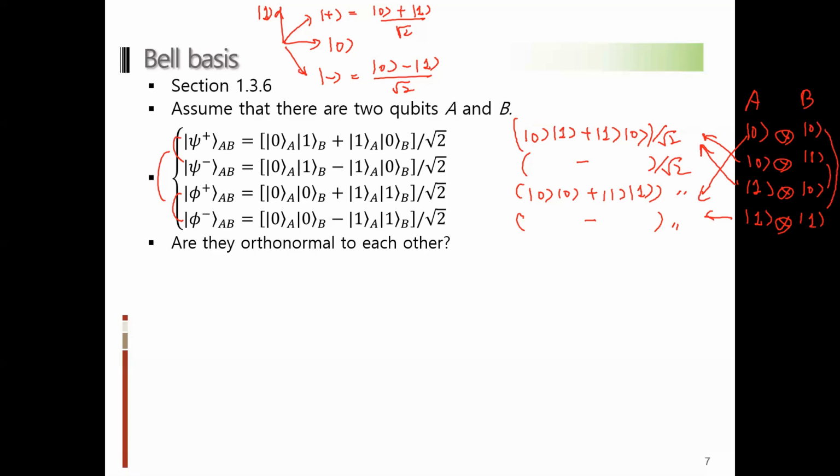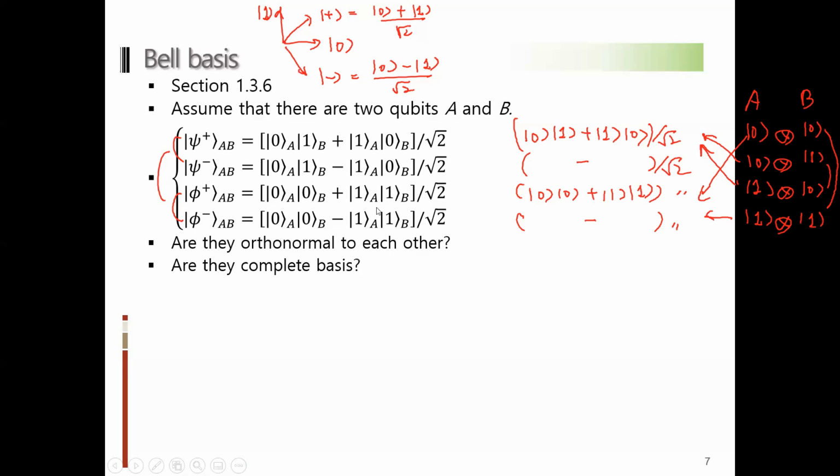And because each of them is orthogonal to each other, there is no reason why this group should not be orthogonal to this one. So this is orthogonal. And by dividing by square root of 2, we normalize each of the vectors. So even though this combination looks weird at first, they are actually also normal to each other.